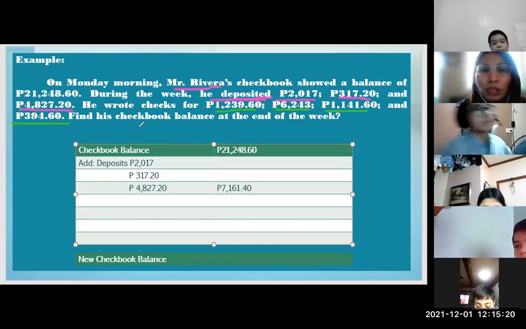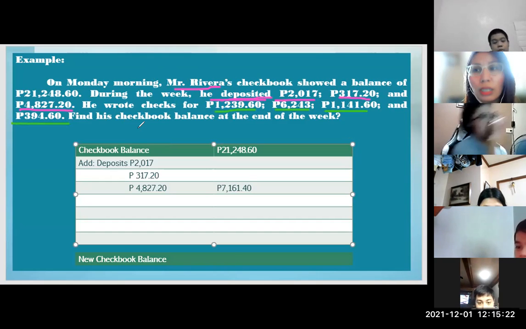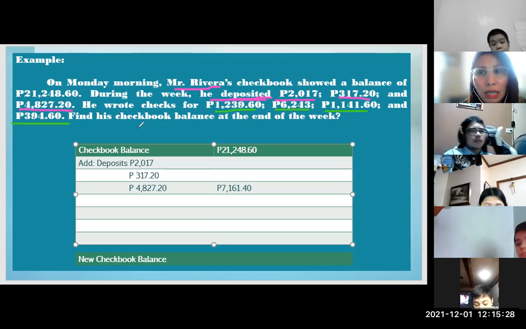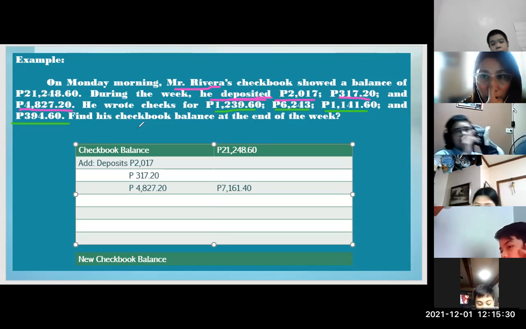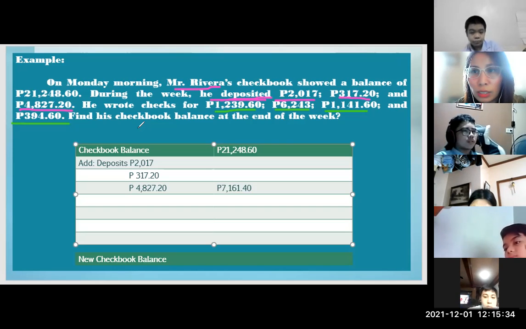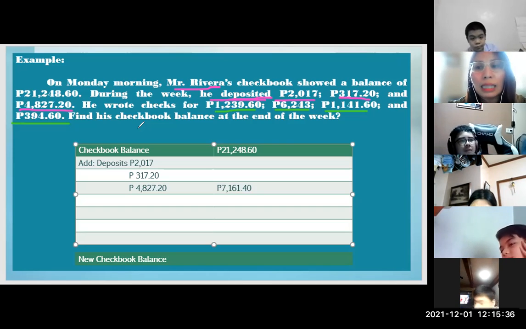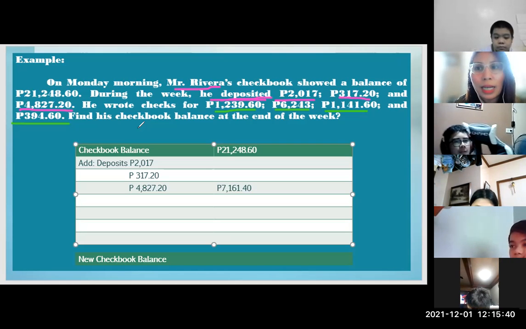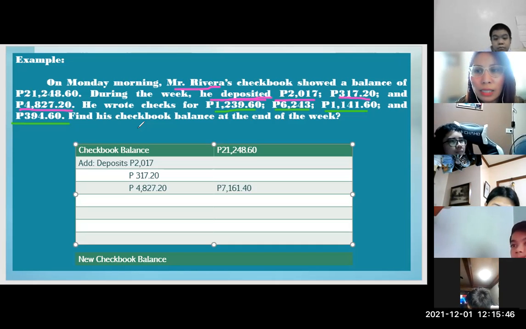It says he wrote checks. So, what do you think about these amounts? What do we need to do with these amounts? Is this an addition or deduction to our money in the bank? Anyone who wants to answer?